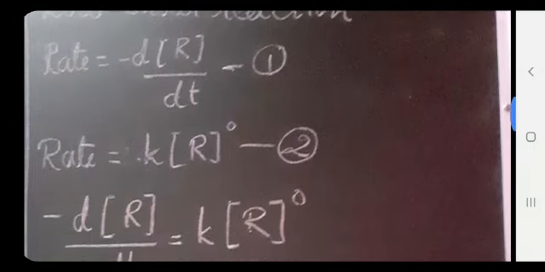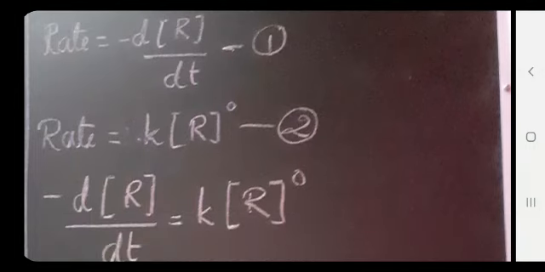But for a zero order reaction, we can write rate equals k[R]^0, and both are marked as equation 1 and equation 2.